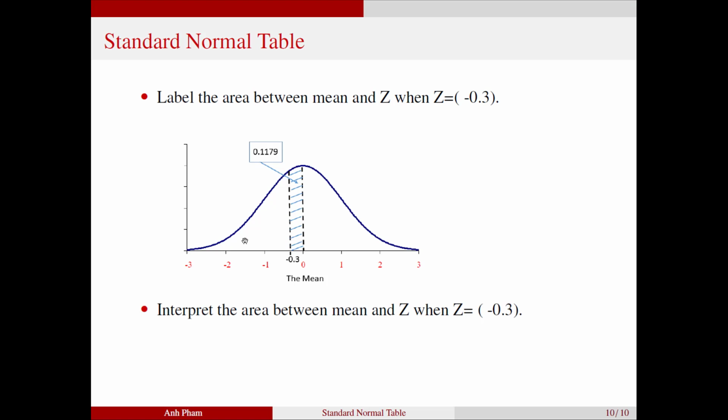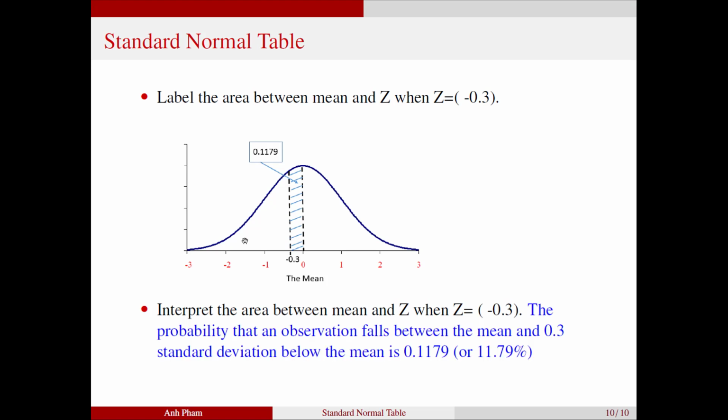Interpret the area between mean and z when z is equal to minus 0.3: the probability that an observation falls between the mean and 0.3 standard deviations below the mean is 0.1179, or 11.79%.